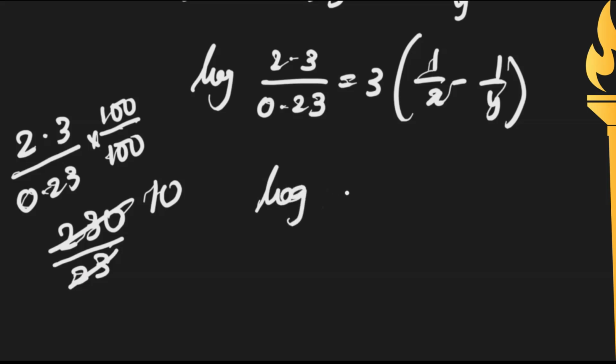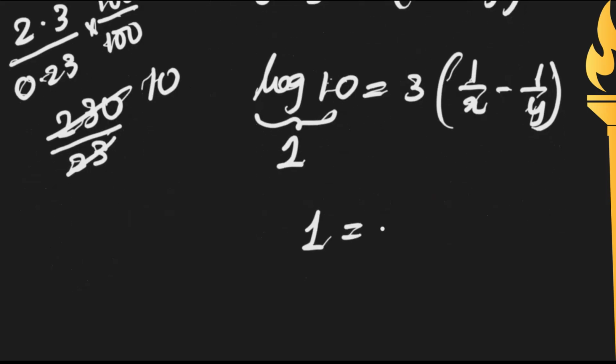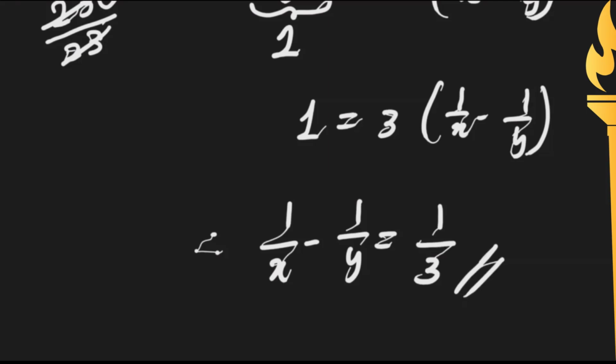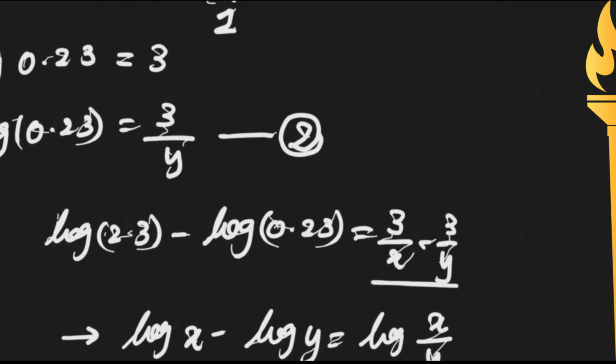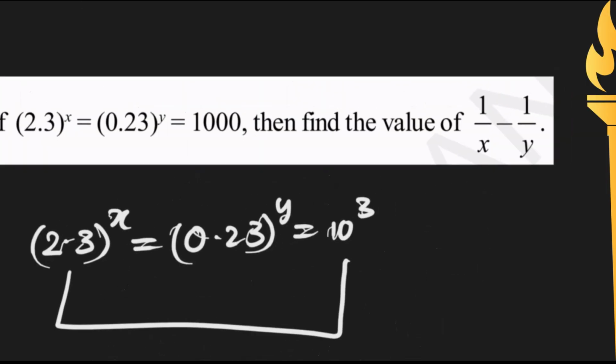So log 10 is equal to 3 into (1 by x minus 1 by y), but log 10 is equal to 1, so 1 is equal to 3 into (1 by x minus 1 by y), and therefore 1 by x minus 1 by y is equal to 1 by 3. And they told us to find, if 0.23 power y is equal to 2.3 power x is equal to 1000, what is the value of 1 by x minus 1 by y, and the value is equal to 1 by 3.